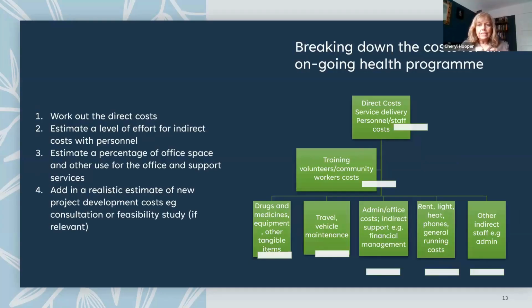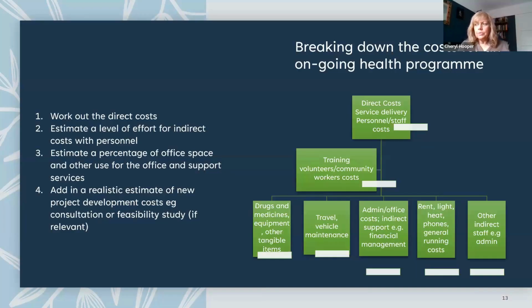So then take each project that your NGO is operating and work out the costs of implementing that project. So this should then include a proportion of your overheads. So typically it could be anything from 7.5% to maybe 12.5% of your overheads.